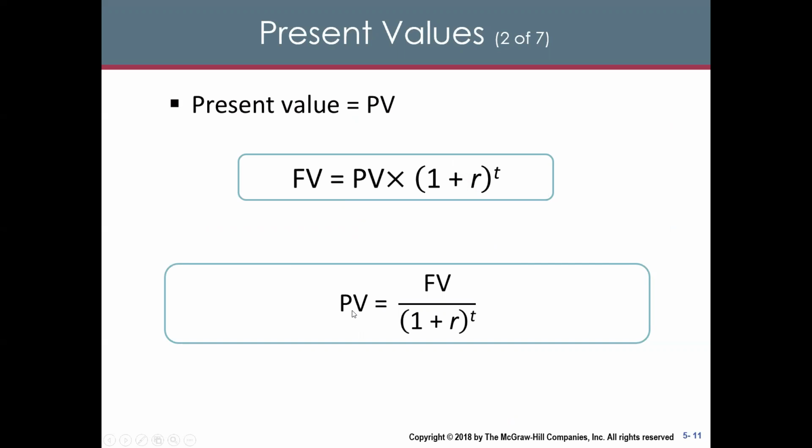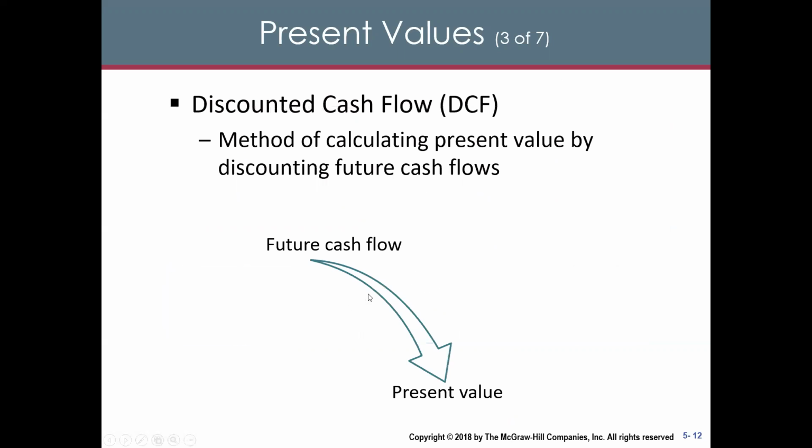So the present value is a way to discount the future payment back to today's value. The discounted cash flow is the method of calculating present value by discounting the future cash flows.